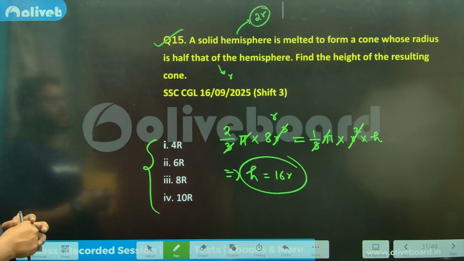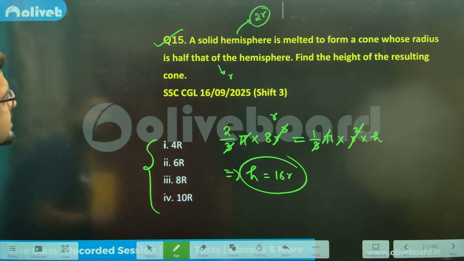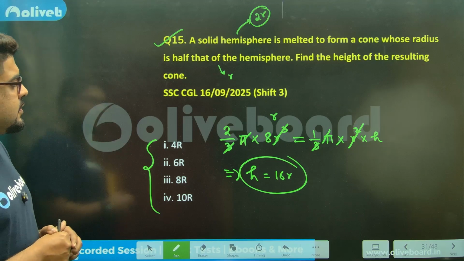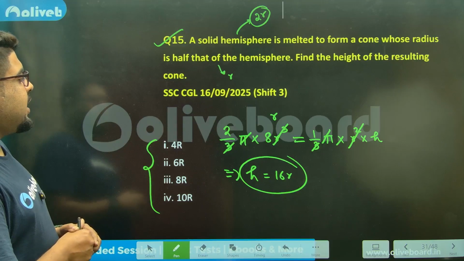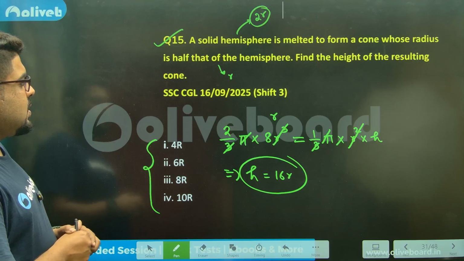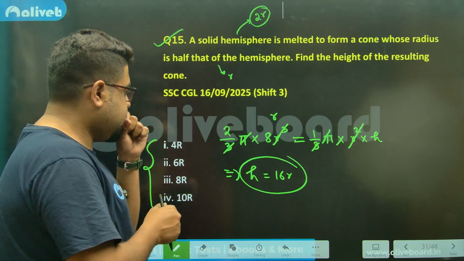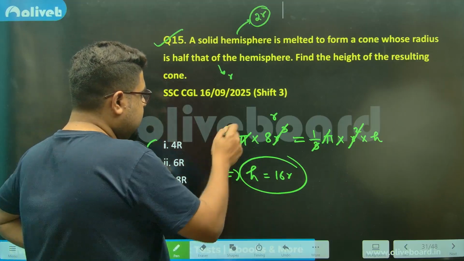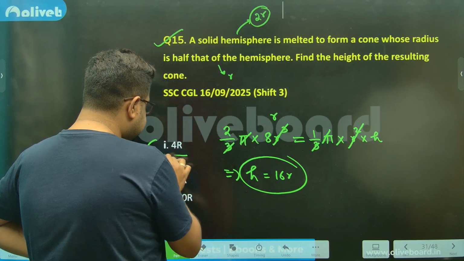A solid hemisphere of volume 2 by 3 pi r cube is melted to form a cone whose radius is half of that hemisphere. Perfect. I cannot find where I've gone wrong. 8 twos are 16r, so I guess this must be 16r.